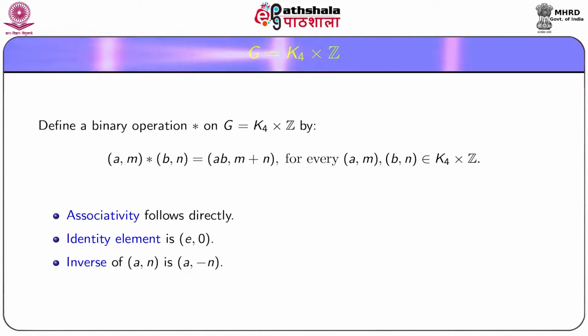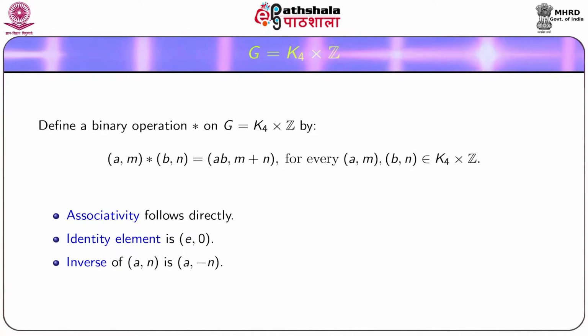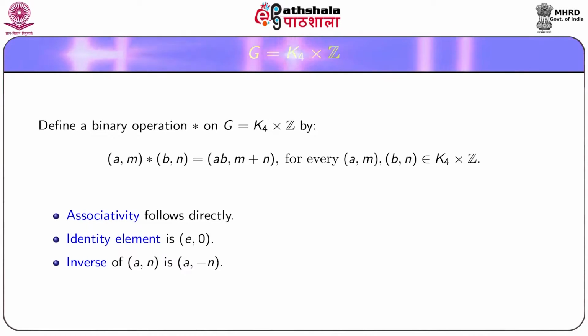Now, we want to define a binary operation on this set G. As you know, we can define a binary operation on every countable set, so that it forms a group which is isomorphic to Z, any countably infinite set. But this is not the context.